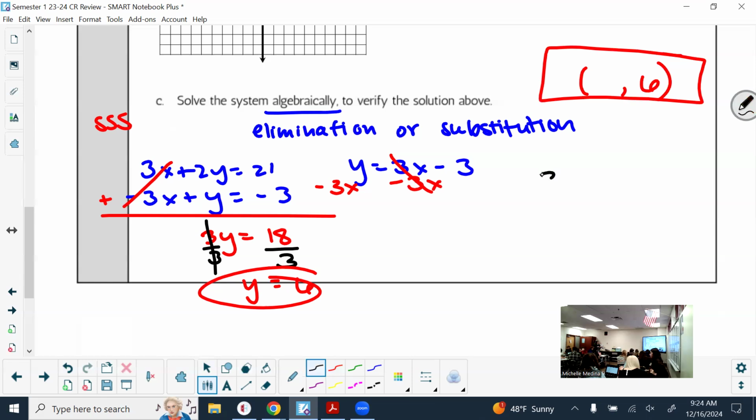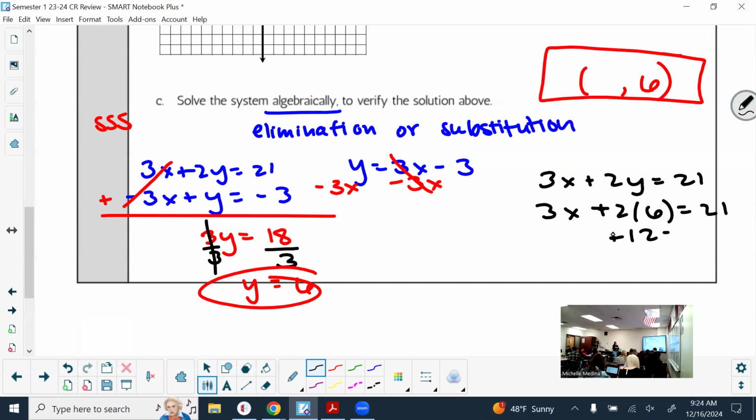Okay, so if I plug it into this one for the y, that's what we just said. y equals 6, it goes like this. Simplifying, what's 2 times 6? Good. And then isolating x. So would I get rid of the 3 or the 12 first? No, you always get rid of what is farther.